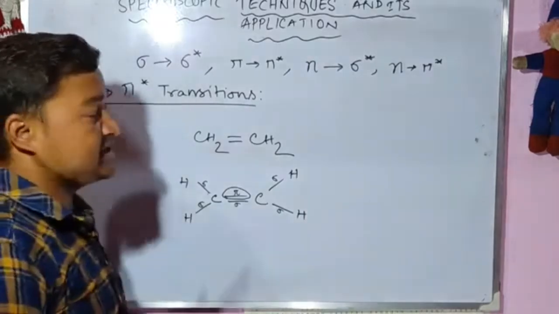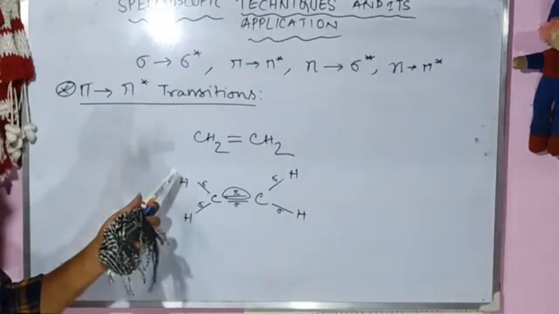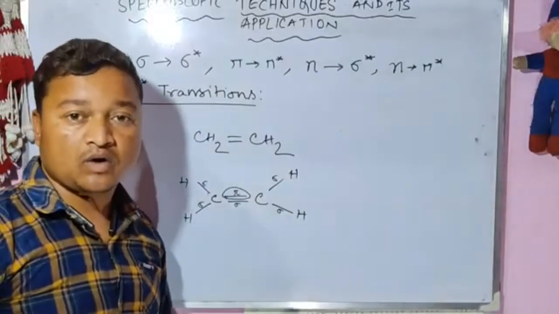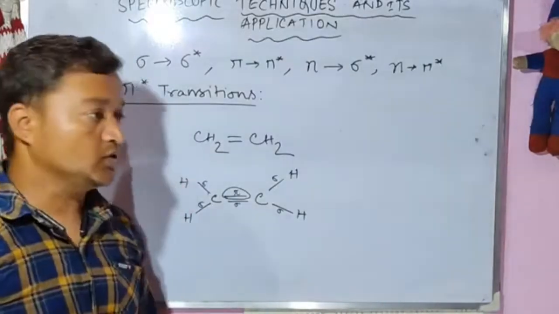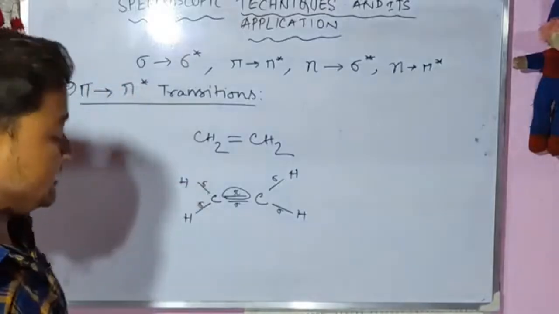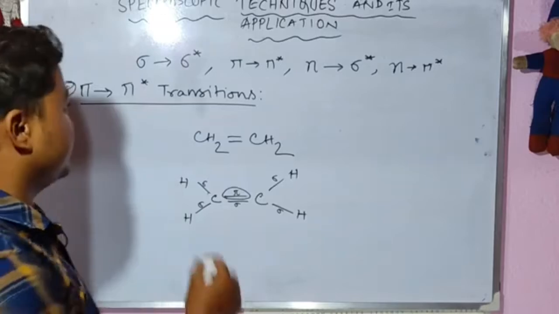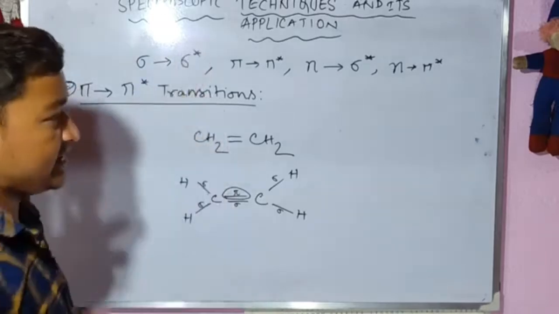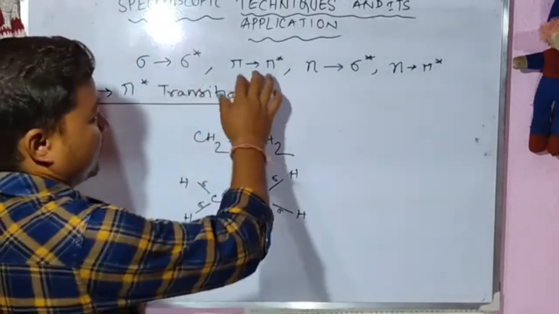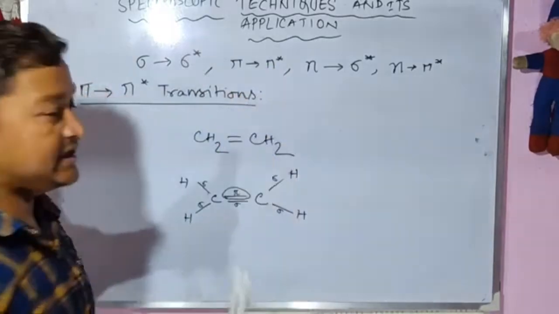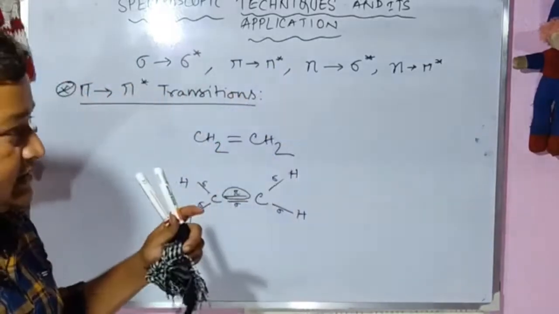Here one question comes: do sigma to sigma star transitions occur or not? The answer is no. Here only the pi to pi star transition occurs, because the energy difference for sigma to sigma star transitions is very high, and pi to pi star transition is lower than sigma to sigma star transition.